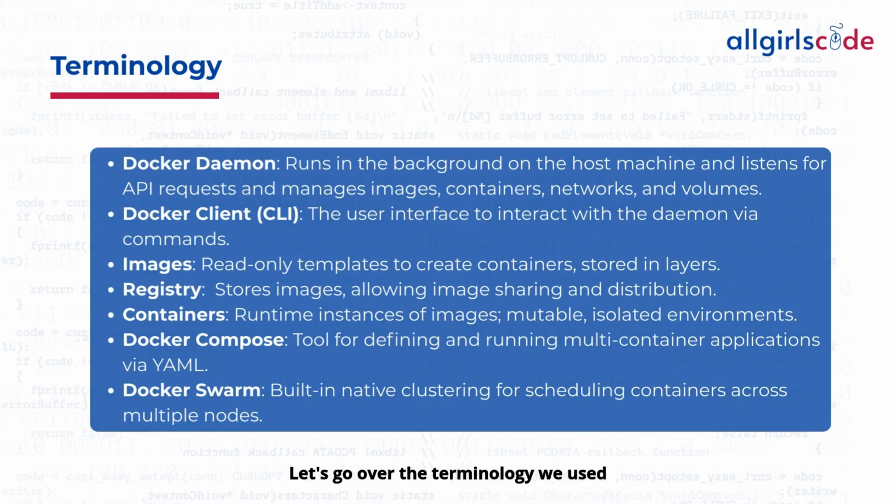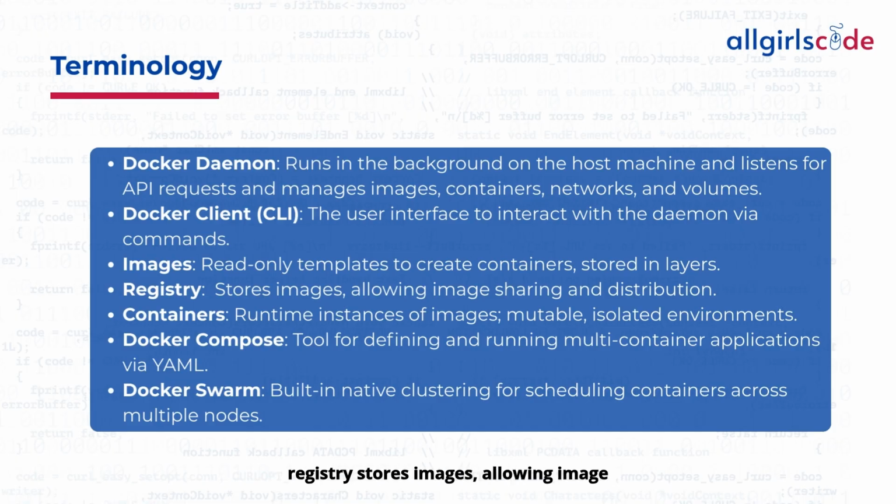Let's go over the terminology we used here. Docker daemon: it runs in the background on the host machine, listens for API requests, and manages images, containers, networks, as well as volumes. The CLI: it's a UI to interact with the daemon via commands. Images, as we previously mentioned, are read-only templates to create containers, and they're stored in layers.